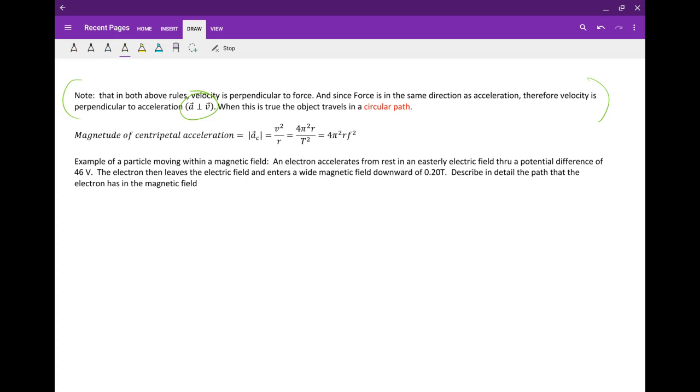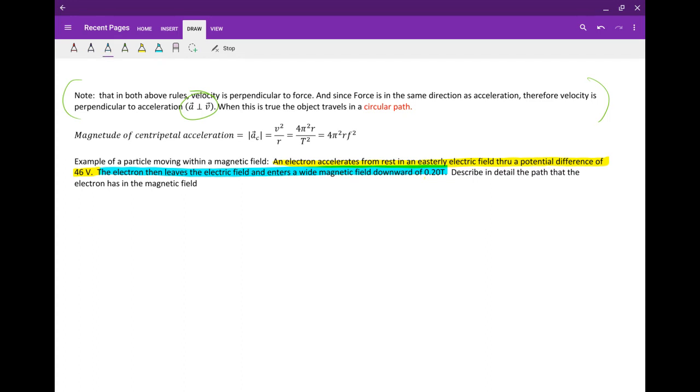Oh, wait a minute, this stuff is from the last chapter, the electricity chapter. It then leaves the electric field and enters a big magnetic field that has this strength. So this stuff here is magnetism. And now we want to describe in detail the path that the electron has in that magnetic field.